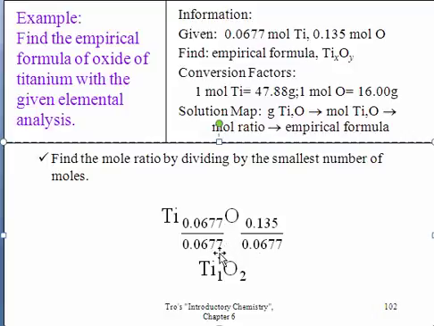And then we take the smallest value, which is 0.0677, and divide it into the other moles. And when we do this, we get Ti1 and O2. Since these are whole numbers, we have no more work to do, and a check is that 1 and 2 have no common factors except for 1. So this is a good empirical formula.